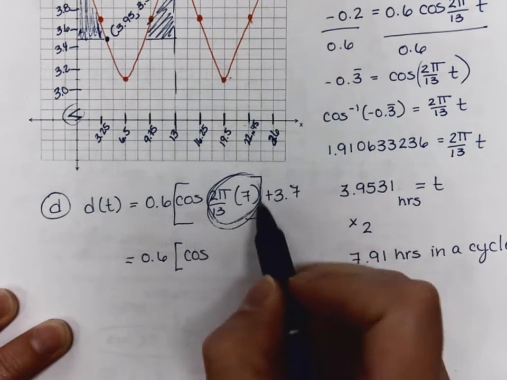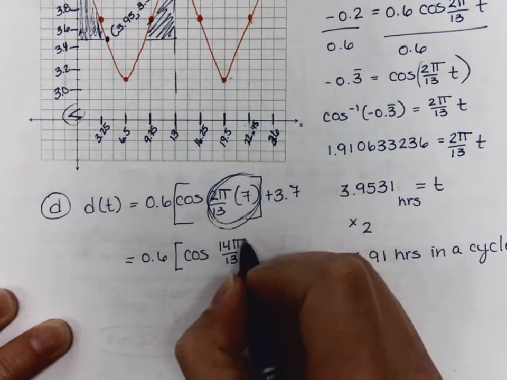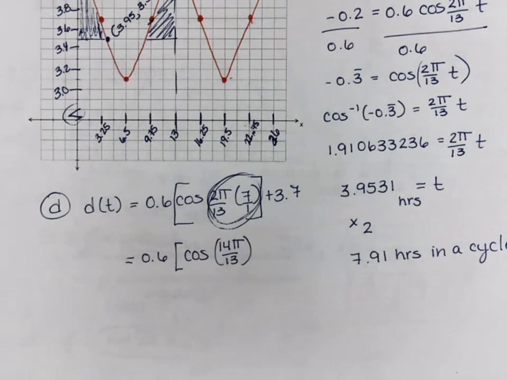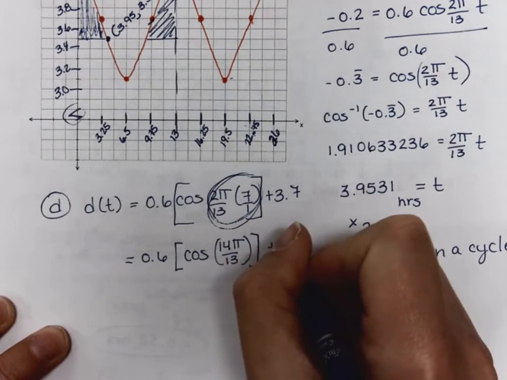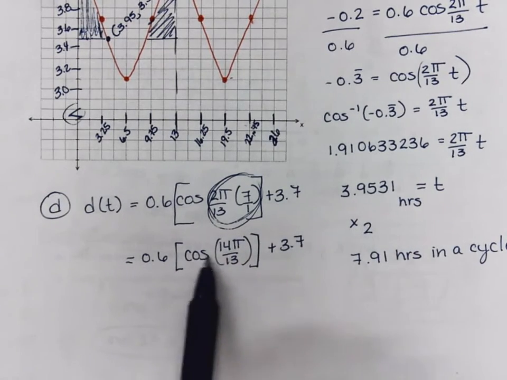So I want you to multiply this. So this is going to be 14 pi over 13. Well, 7 times 2 pi is 14 pi, right? I just figured it's easier. Then I'm going to do my cosine stuff first.